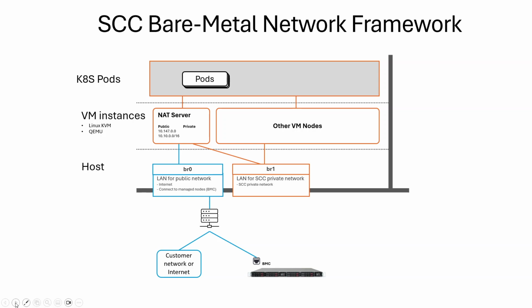In the SCC bare metal framework, we still preserve the bridge interface, giving administrators the ability to still connect through their management network utilizing its NAT server external management subnet. SCC's NAT server implementation connects to both bridge interfaces, allowing packets to be transferred between itself and the K8 cluster.